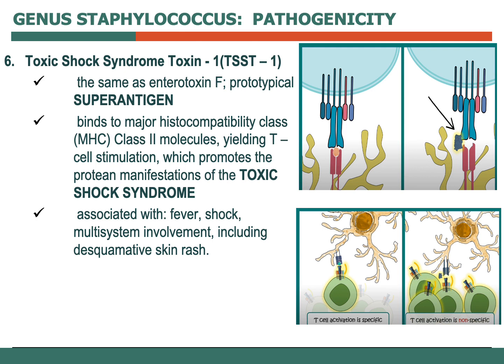When we say super antigen, this is different from the normal antigen, because in the normal process of antigen, if you still remember your adaptive immune response discussion, once the body recognizes the pathogenic microorganism, it will elicit an immune response specific to that particular organism. So it will bind.